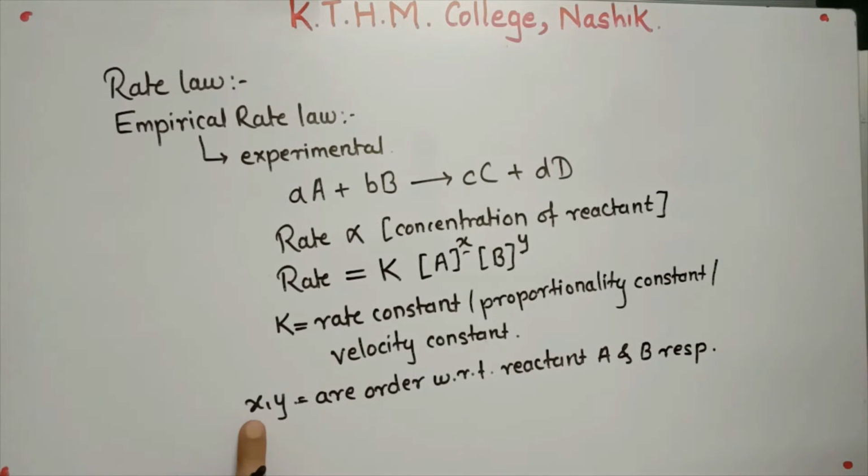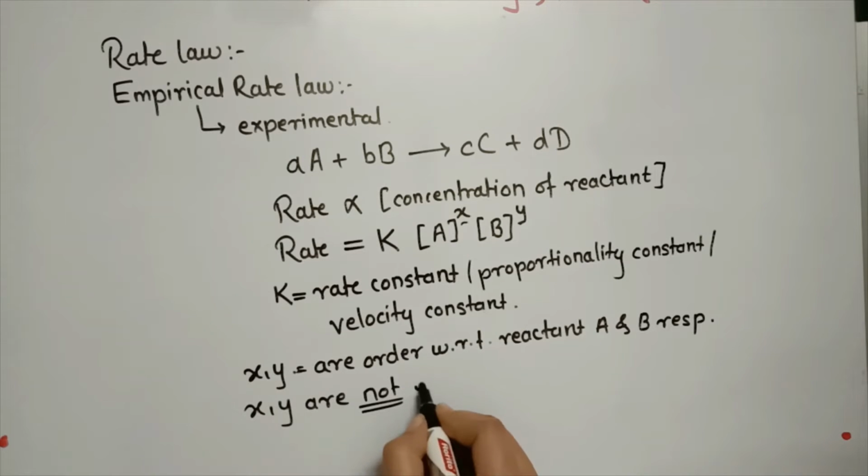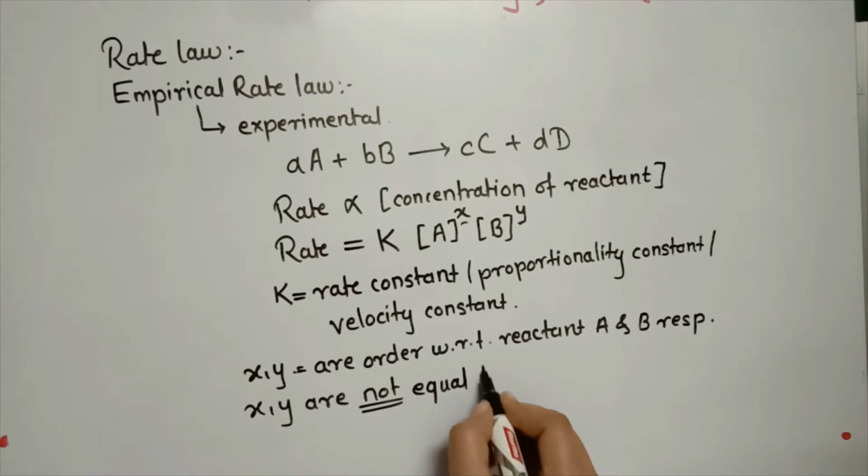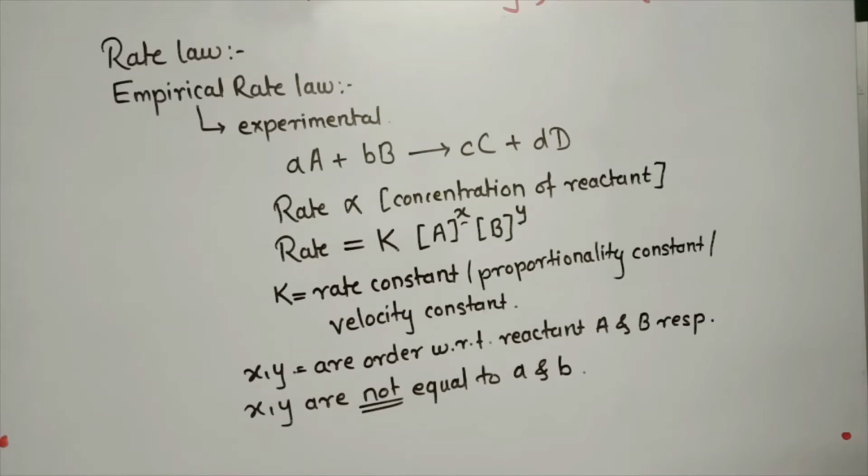That means X is the order with respect to reactant A and Y is the order with respect to the reactant B. So now X and Y are not equal to the stoichiometric coefficients of A and B. That means the order with respect to the respective reactants is not equal to their respective stoichiometric coefficient.